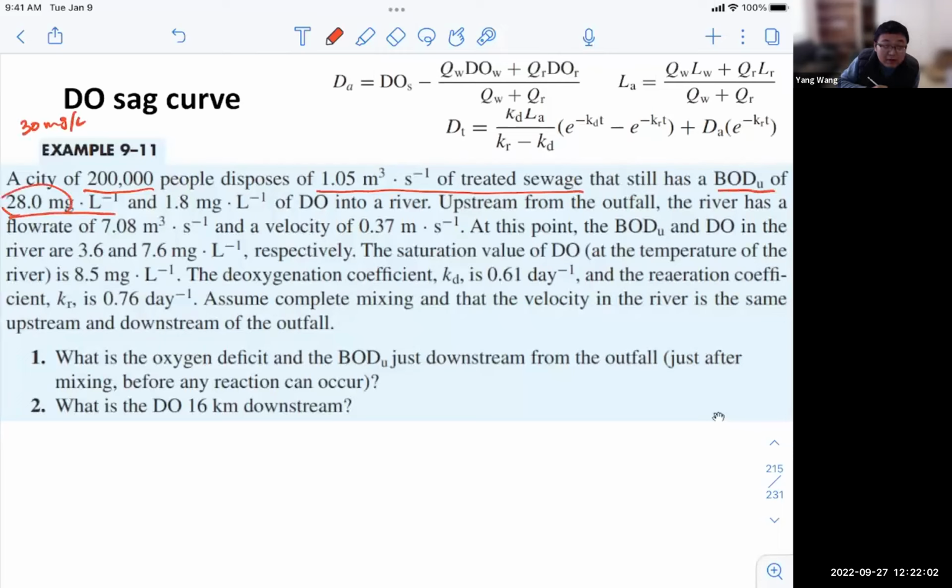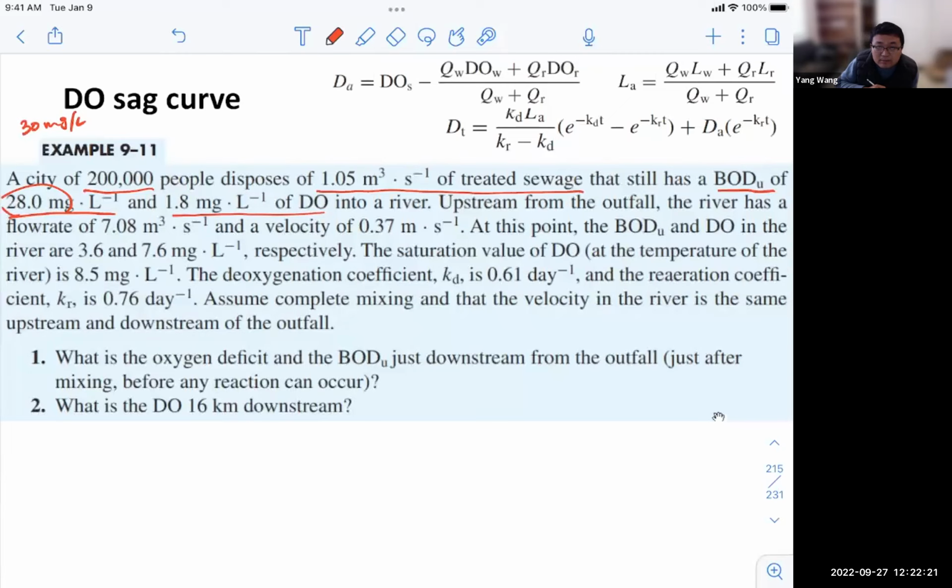So you can see this value is very close to that, but it's still lower than that. It means that the treatment facility is doing a pretty good job. And then this sewage also has 1.8 milligram per liter of dissolved oxygen.